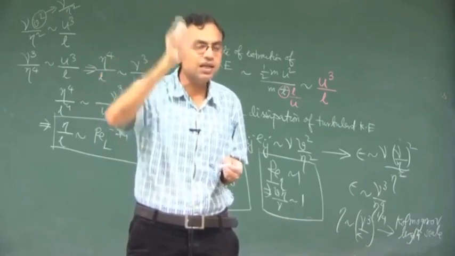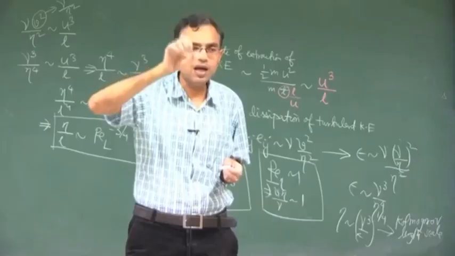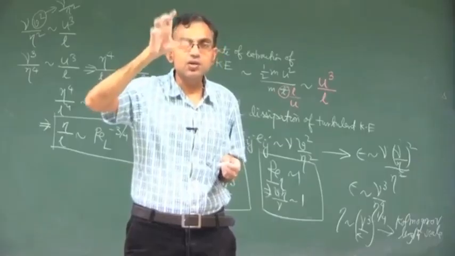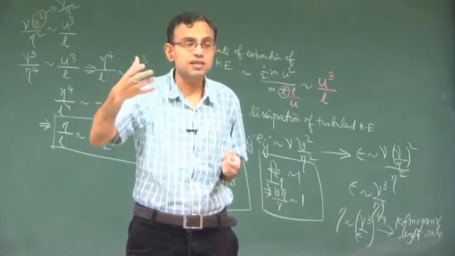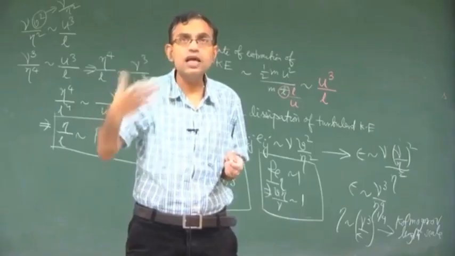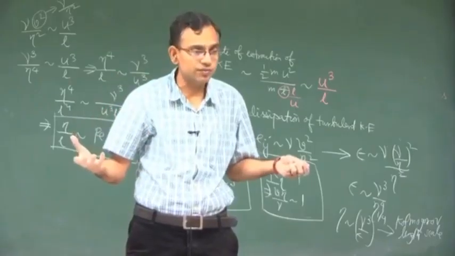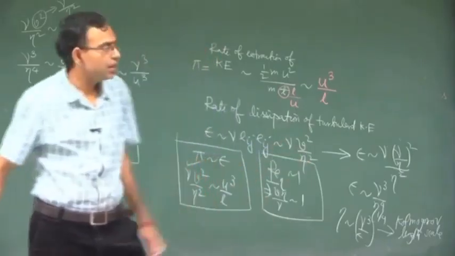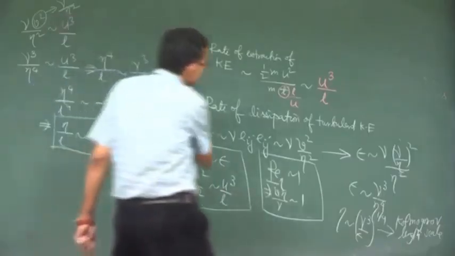L is the largest, eta is the smallest, in between there are various length scales. So, how do you capture these scales? If you do CFD, what will be your grid resolution? So, all these remain to be outstanding problems.